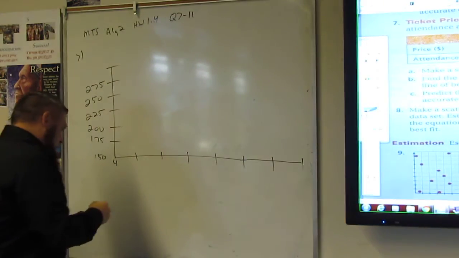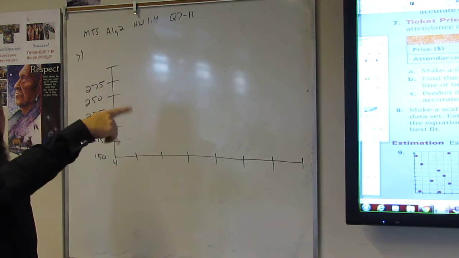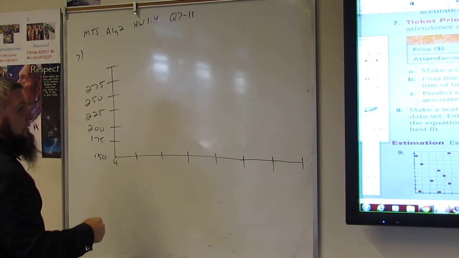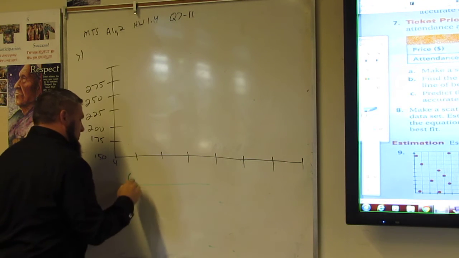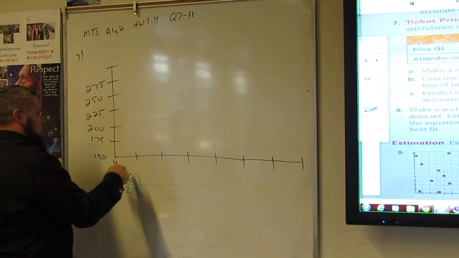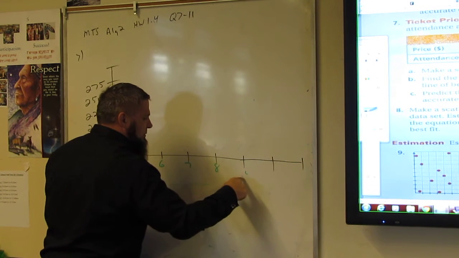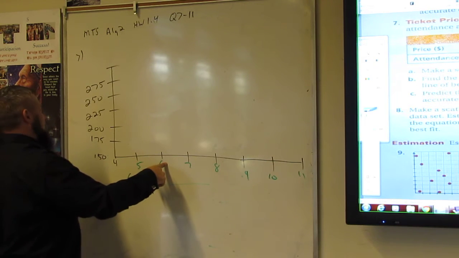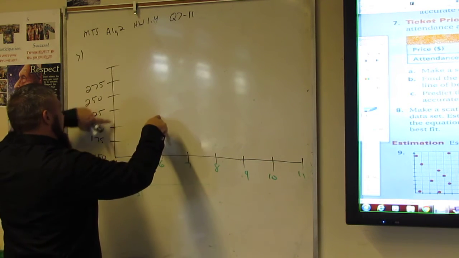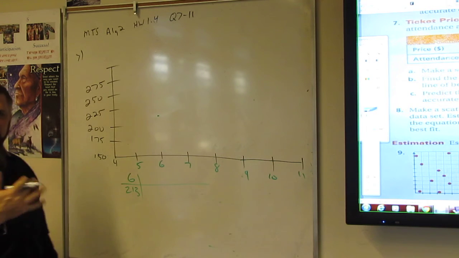Okay? And so now I'm going to plot 6 and 213. That would be 5, 6, 7, 8, 9, 10, 11, right? So 6 and 213 would be about here, about halfway between 200 and 225.